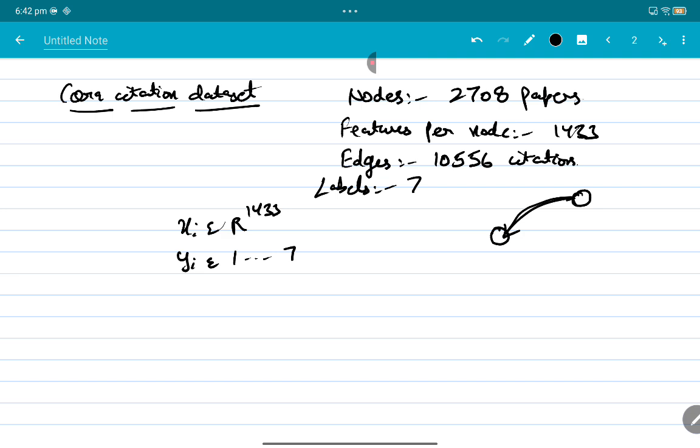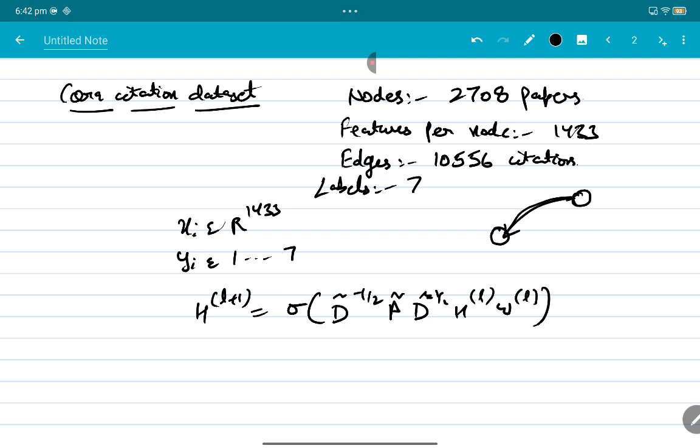If we want to analyze this data set, we will create a neural network layer which follows this structure: H of layer L plus 1 is equal to sigma of D^(-1/2) A D^(-1/2) H^L W^L.